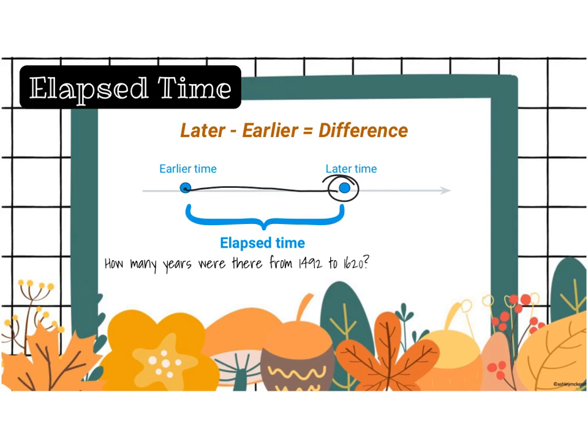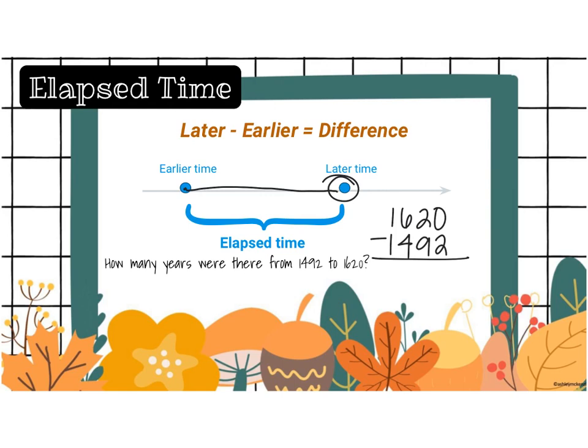So how many years were there from 1492 to 1620? How could I solve that? Do that on your whiteboard. Okay, what I'm seeing a lot of you do is you're taking that later year, 1620, subtracting where we started, 1492, Christopher Columbus sailed the ocean blue. Yep.